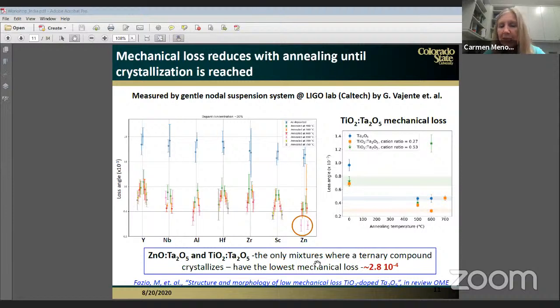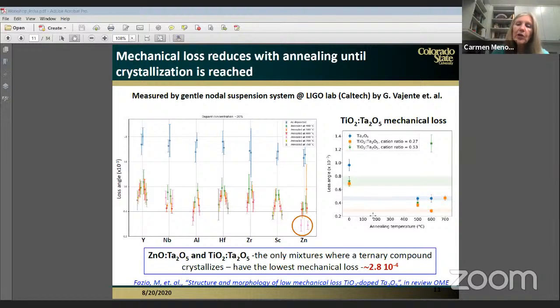Both will have a mechanical loss of about 2.8 10 to the minus 4. So what we then do is we anneal the materials, and with annealing, what this plot shows is that the mechanical loss reduces. And the best value, right here, is about 2.8 10 to the minus 4.